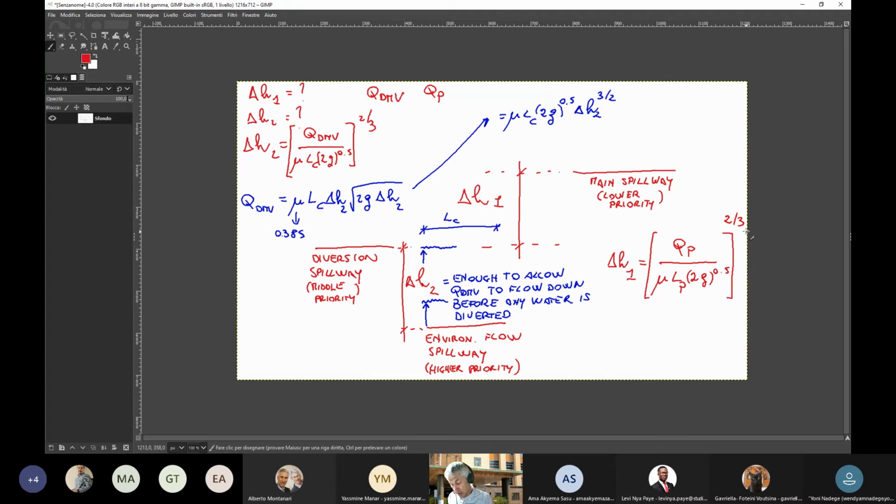This is extremely important because in order for the barrage to work in a reasonable way, you have to make sure that these conditions are satisfied. And keep in mind that this is a simple demonstration, and very often it is the subject of a question at the exam. My question is, can you please explain to me how we can compute the difference in elevation between the spillways in a barrage?